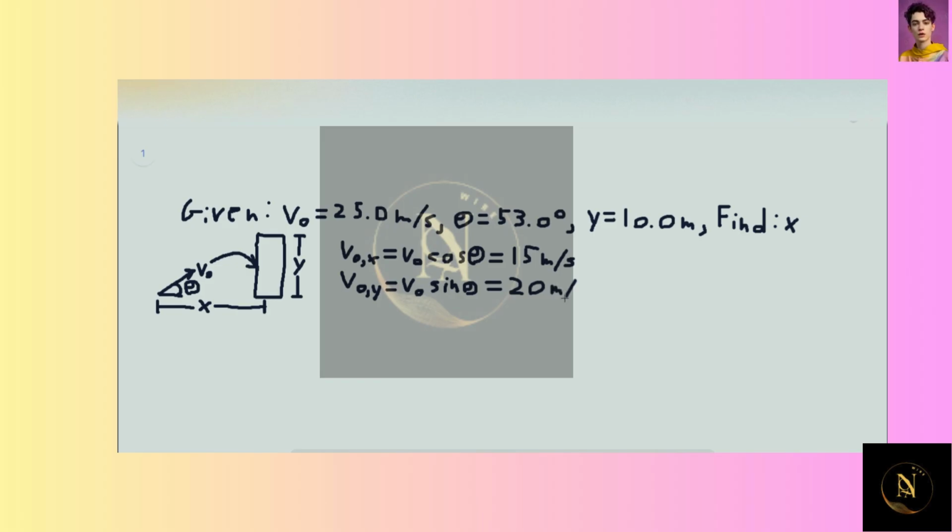Okay. And now I could use kinematics to find the distance x here. But in order to find the distance x, I'm going to have to actually know the time first. So I need to know the time that it takes for the water to hit the building here. So let's use our first kinematic equation. So let's use this equation for the y direction.